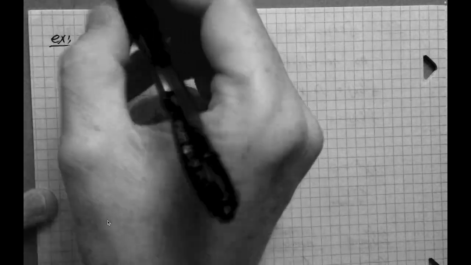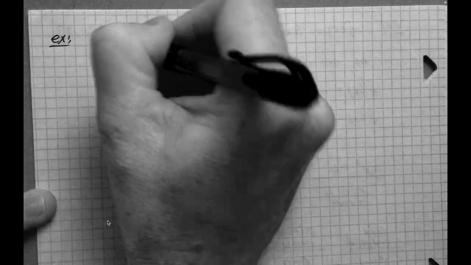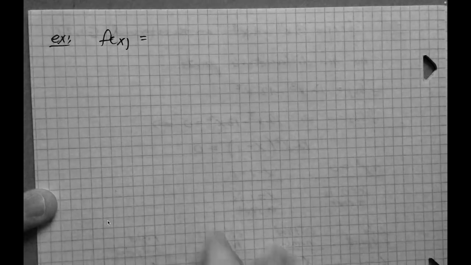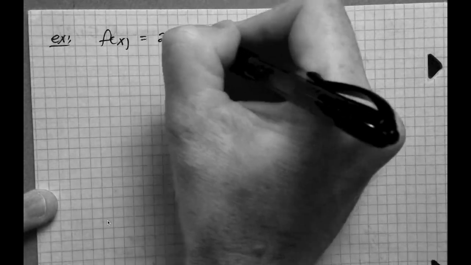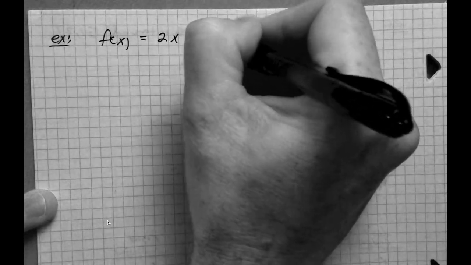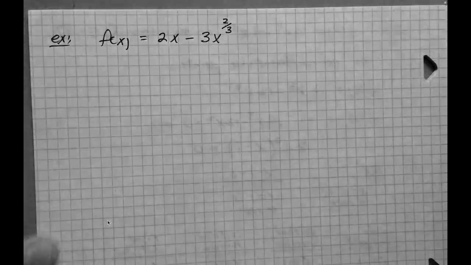Let's do one more example. Maybe we'll do 2 more examples. Let's do this one though. f of x equals 2x minus 3x to the 2/3 power.